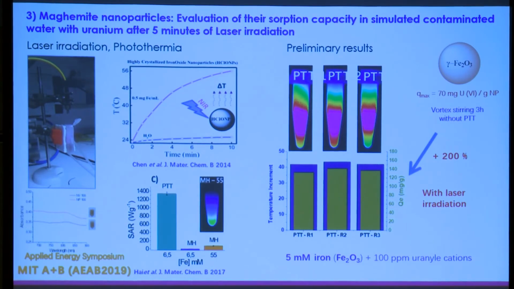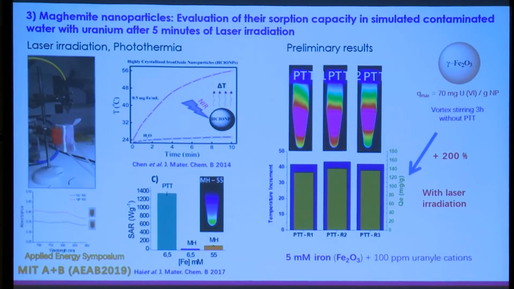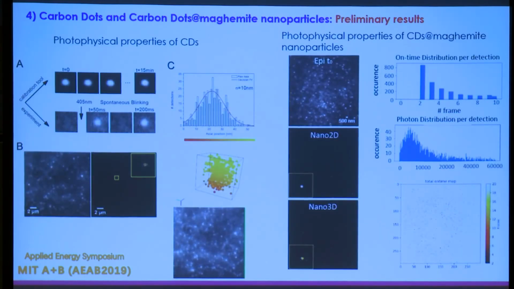And in this case, we observe a huge increase of absorption capacity. These results indicate that combining well-designed nanomaterials and photothermy is an interesting way for this kind of application. We show again just the preliminary results.